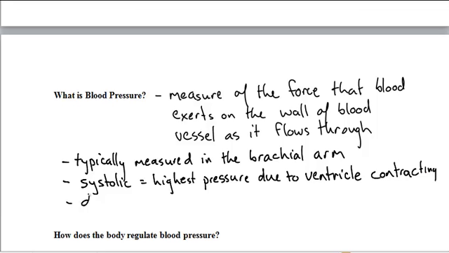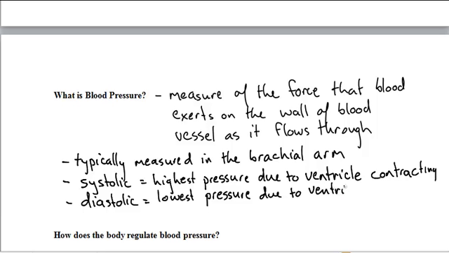Over what we call your diastolic, which is your lowest pressure that should occur in your blood vessel due to ventricle relaxing. And your ventricles refer to parts of your heart, and we'll talk about that next day.